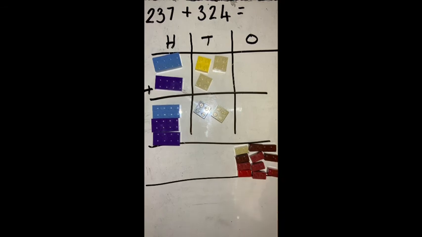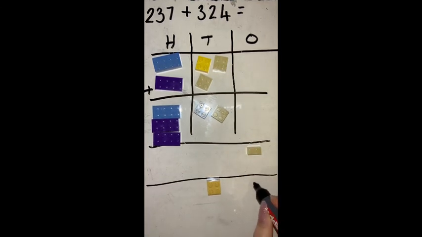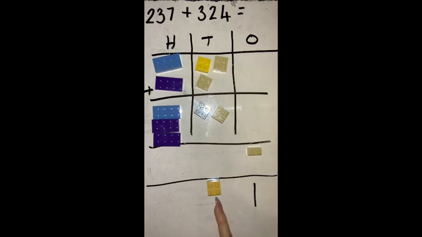So I'm going to take 10 of these ones away. 1, 2, 3, 4, 5, 6, 7, 8, 9, 10, and I'm exchanging it for my 10 here and popping that underneath there. So I've got 1 left in there. And I've got the 10 that I took that I exchanged here underneath.